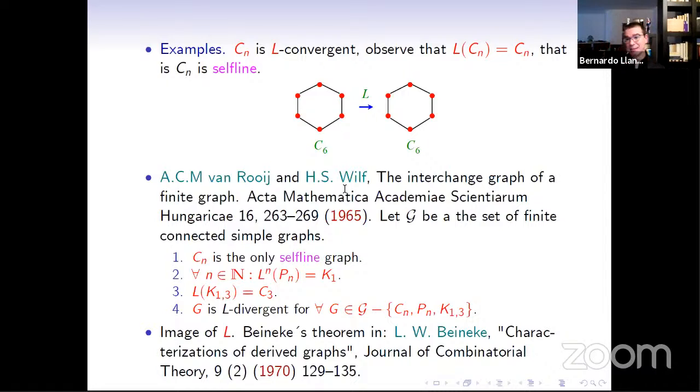This is a very famous theorem, Beineke's theorem, from 1970. And this is very nice. You can find it, for example, in Harary's book or anywhere.